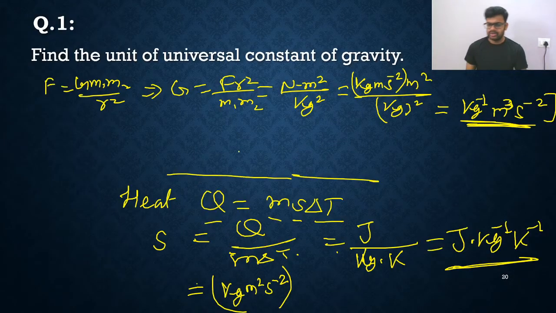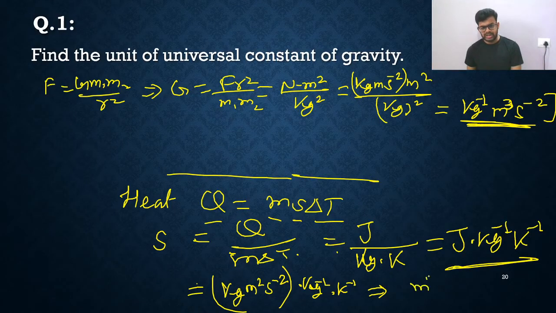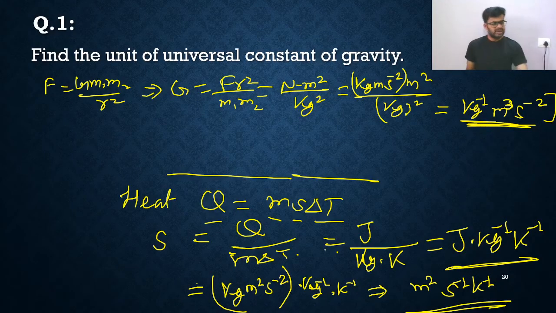After that, the fundamental units you already remember, right? So kg meter square per second square, just multiply by kg inverse into Kelvin inverse. So finally what are you getting? Kg is not there, because kg raised to 0 is 1. So meter square per second square Kelvin inverse. This will be the fundamental unit. That's all I wanted to say, my dear friends. So let's move on.